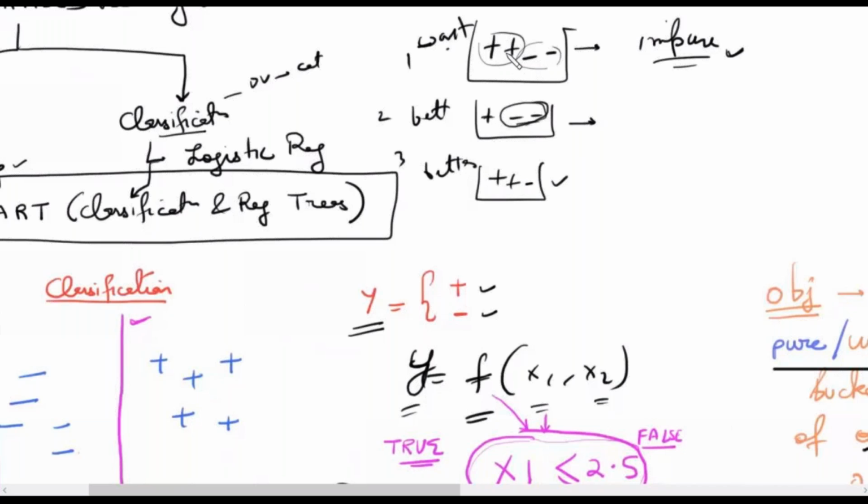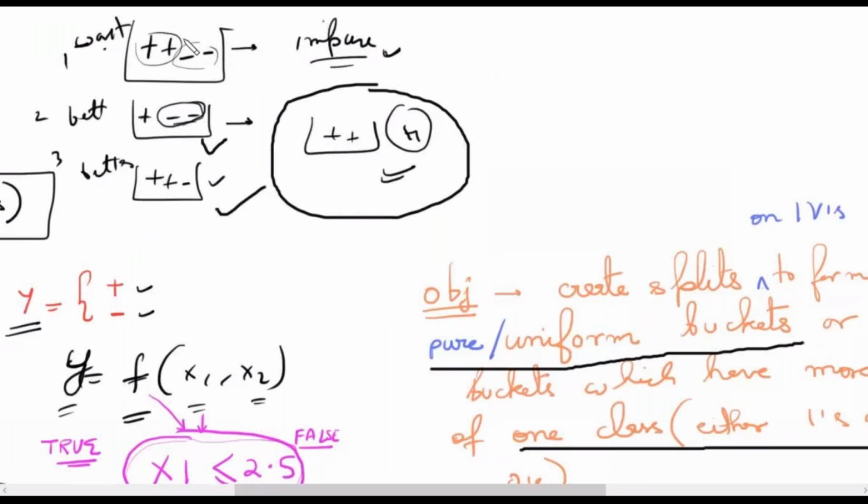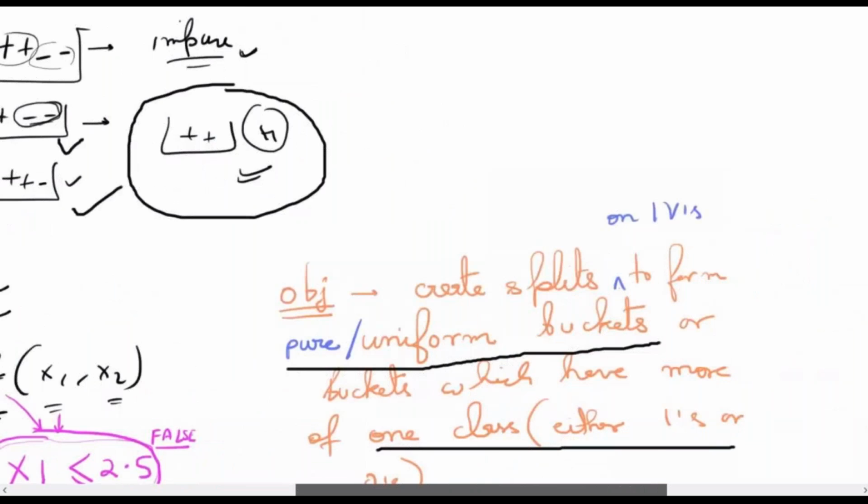This has an equal number of both labels, which is the worst form of impurity. Of course, if you can get to number 4, this is the best. This has zero impurity, because both are pluses. There is no impurity here. It is entirely made of pluses. So that is the goal of a decision tree, to ultimately reach this stage. Sometimes it may not be able to reach this stage, but at least it will move out of the worst form of impurity.